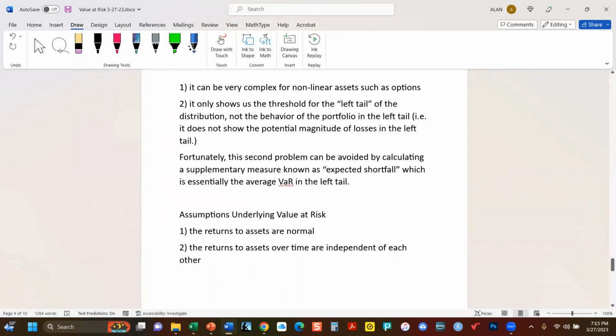Now, that would indicate, and it seems like a bit of a stretch, that an event on Monday that impacts a stock's price would not continue to affect the stock on Tuesday.